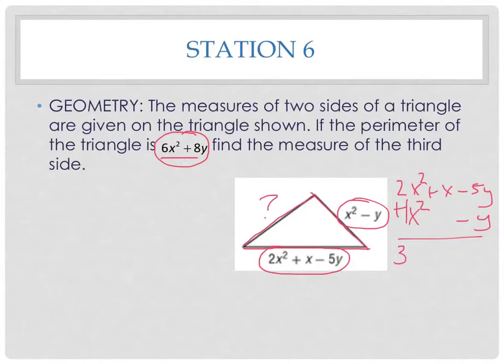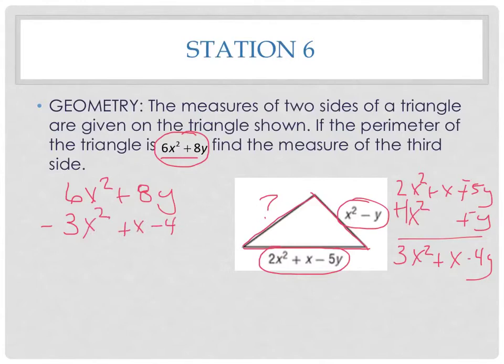So that's going to be 3x squared plus x, and then negative 5y plus a negative y would be minus 4y. So I'm going to take that and I'm going to subtract. So here's the perimeter, 6x squared plus 8y. And I'm going to subtract the sum of the two sides, so minus 3x squared plus x minus 4y.